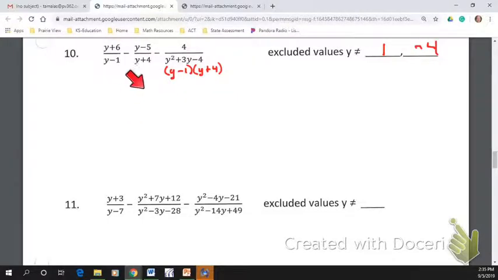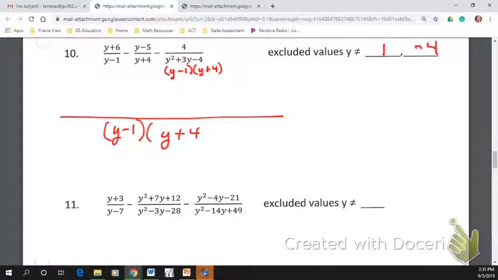Y minus 1, y plus 1. Yeah, right there. These are both contained within this one, so I have one fraction. Let's write all three of those as one great big fraction, rather than writing it as 3 separate and then as 1; we'll just skip that middle step. So what do I need to multiply this by? Y plus 4. Remember you can pretty much just cross product these.